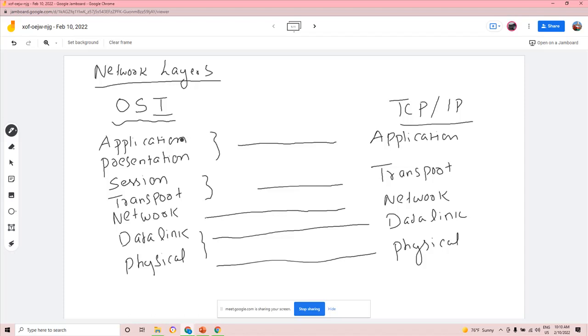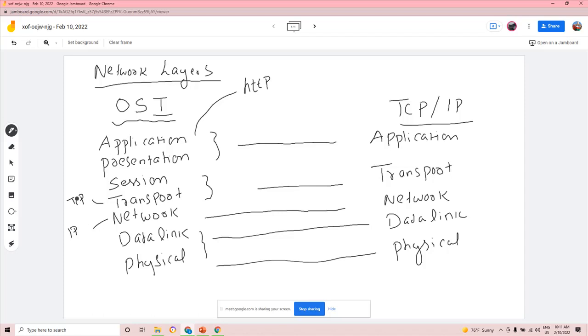Then there are many protocols running in different layers. For example, in the application layer we have a protocol called HTTP. In the network layer, let's say we have IP. In the transport layer, let's say we have TCP.